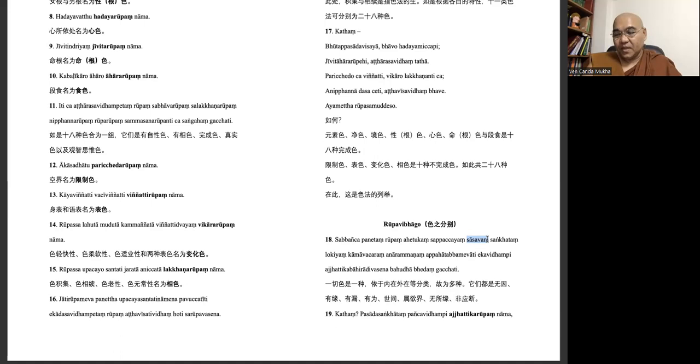That's why it is called Kamavacara. Sometimes Kamavacara is translated as something that usually happens in the sensual sphere, generally or mostly happening in the sensual sphere. It is called Kamavacara.